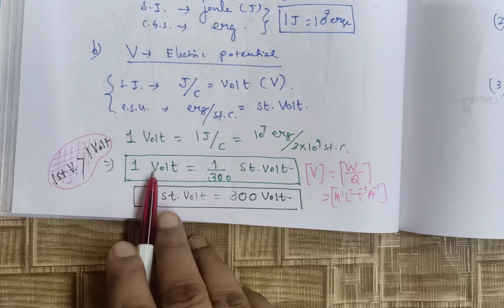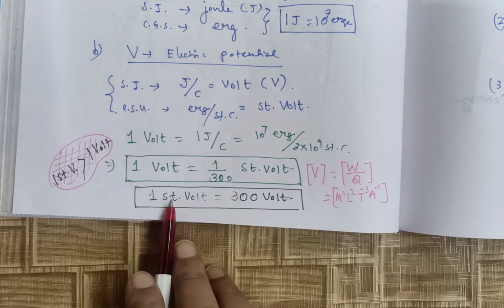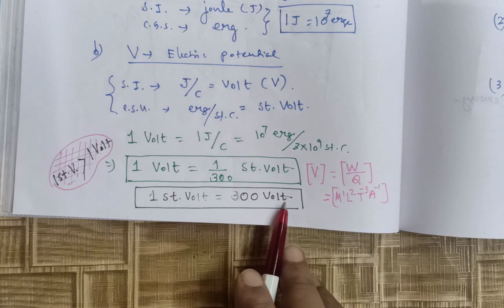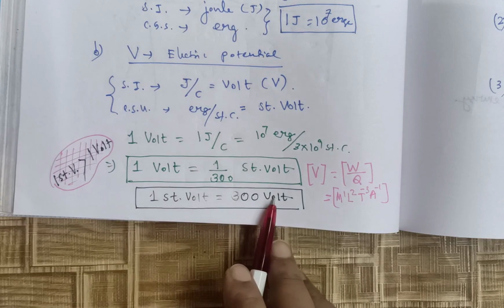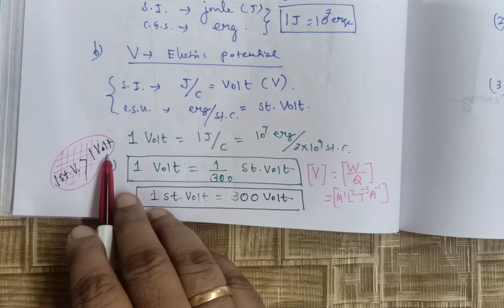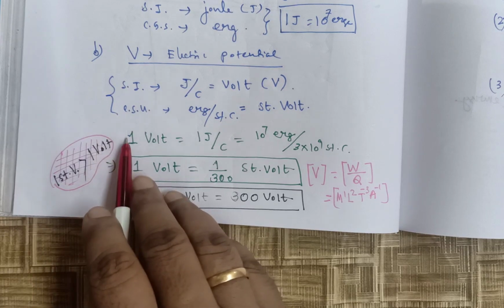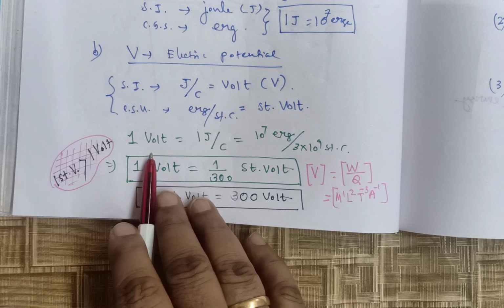That means 1 volt is equal to 1 by 300 statvolt, or you can say 1 statvolt is equal to 300 volt. You just remark here that 1 statvolt is greater than 1 volt. But our misconception always says that volt should be greater than statvolt, but that is not true.